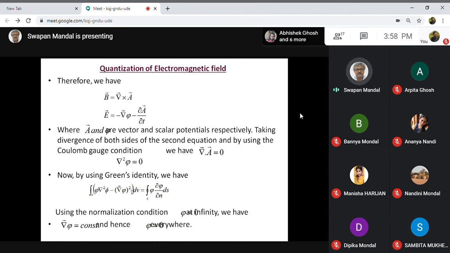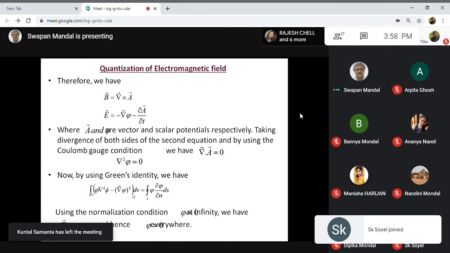So the integral of grad phi square dv equal to 0 means grad phi whole square is a constant quantity.